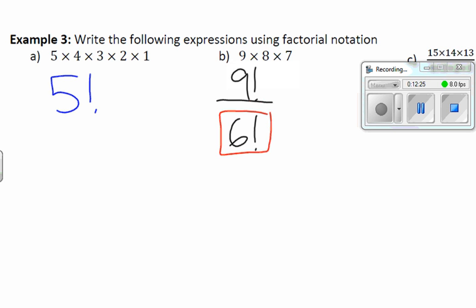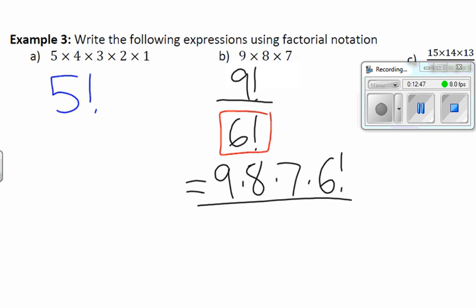Okay, yeah. So if we write this out, 9 times 8 times 7. So if we were to write this out, 9 factorial over 6 factorial, we've got 9 times 8 times 7 times 6 factorial, and that's all over 6 factorial, right?